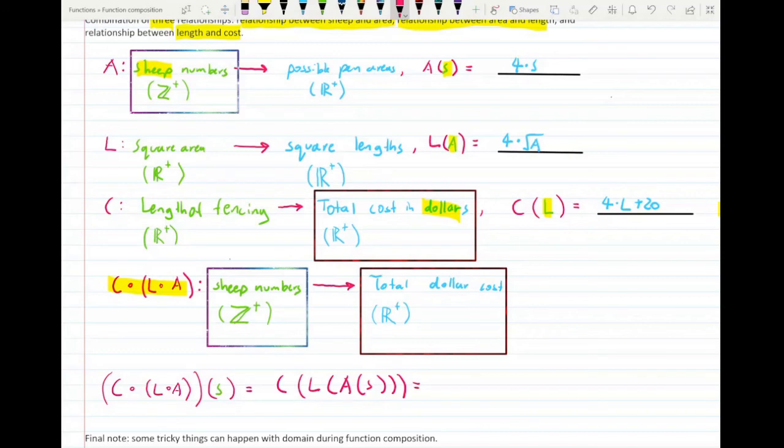We're going to go from the inside out, like usual. We'll substitute in A of s, so we get C of L of 4 times s, which is equal to C of 4 times the square root of 4 times s, which finally equals 4 times 4 times the square root of 4 times s, plus 20.